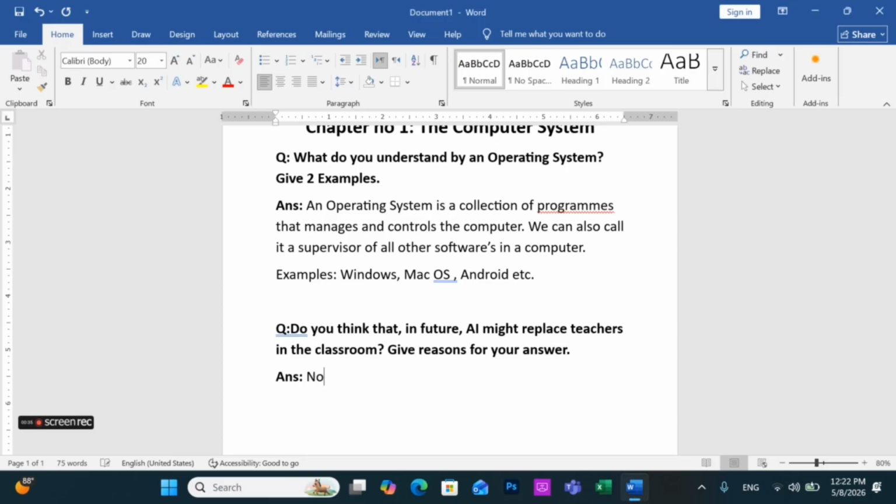Okay, so I will say no, because AI cannot fully replace teachers. Why?